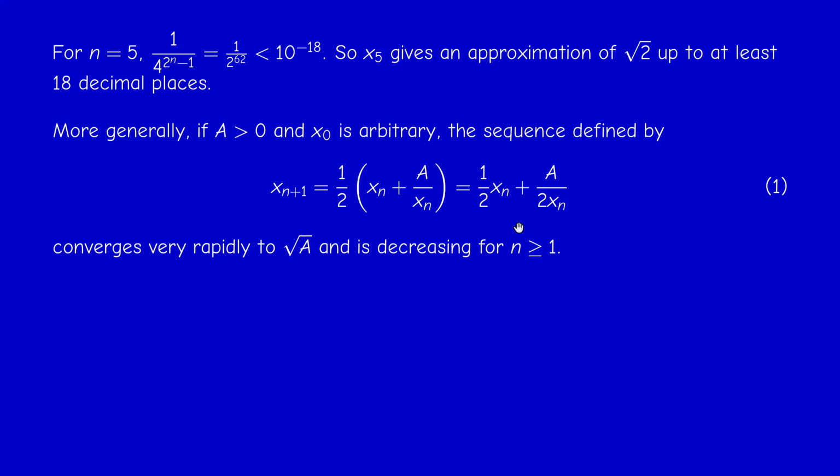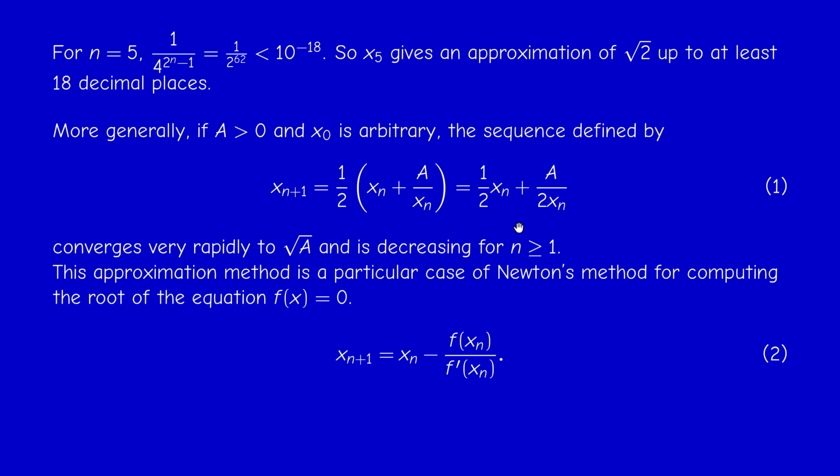Okay. Now, how did we invent these formulas? These formulas are actually a particular case of Newton's method that you will learn in numerical analysis. Newton's method is a method to approximate the zero, or the solution, of an equation of the form f of x equals 0.